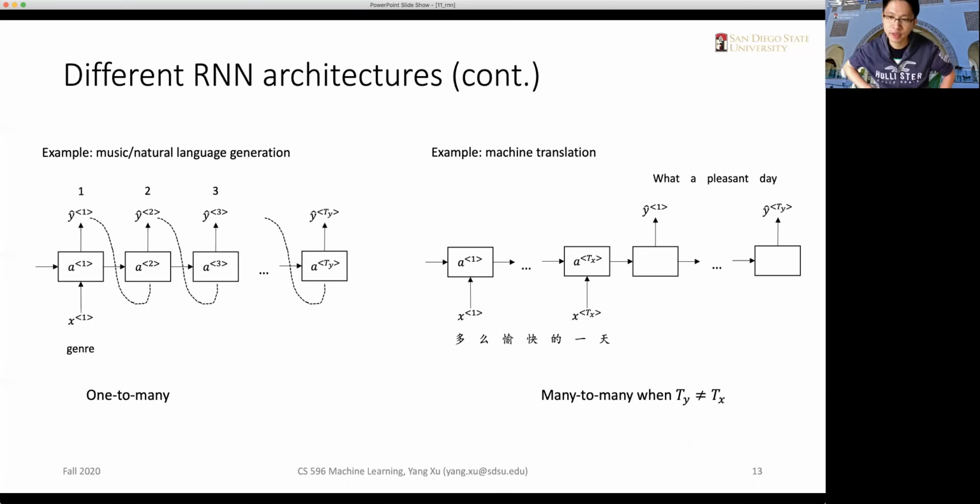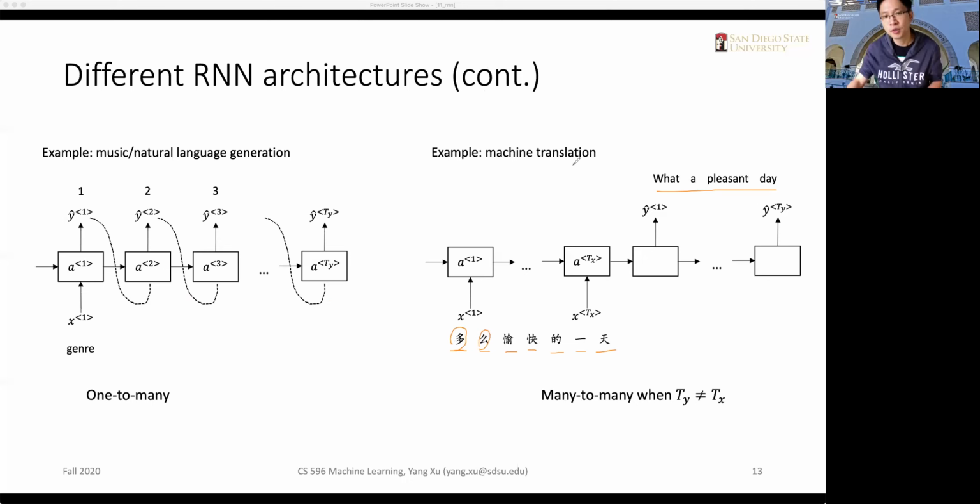For example, here I translate a Chinese sentence into an English sentence. The English sentence requires 4 words, but here I have 7 characters basically. So if the model handles each character as an input unit, then of course these two lengths don't match.